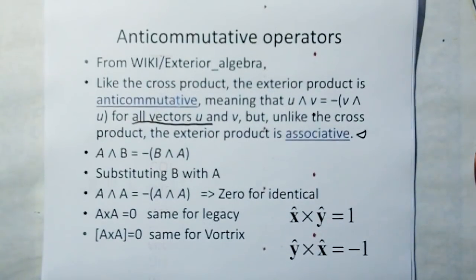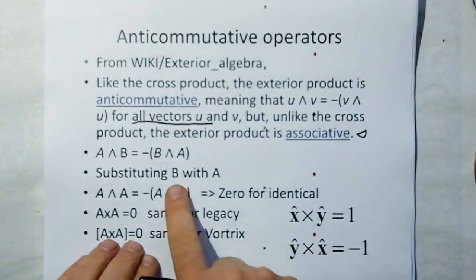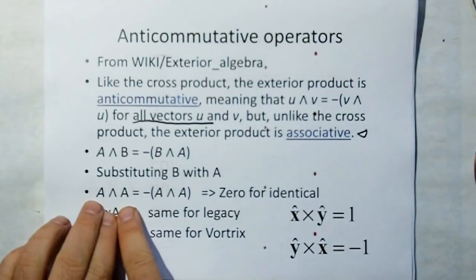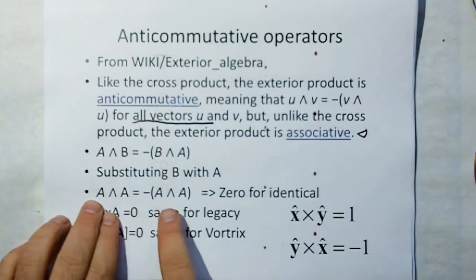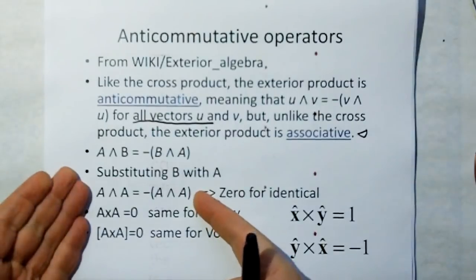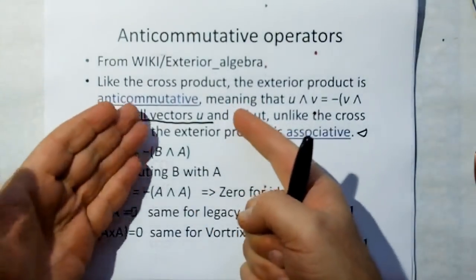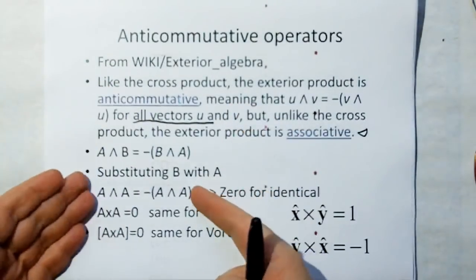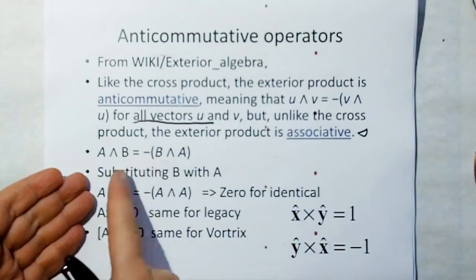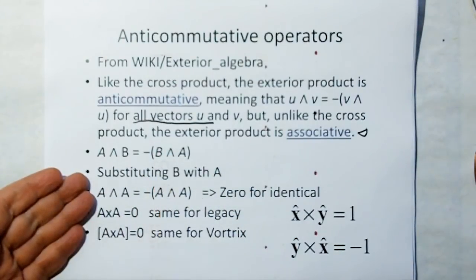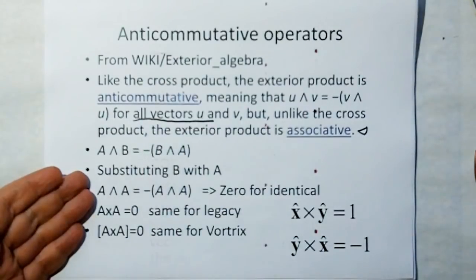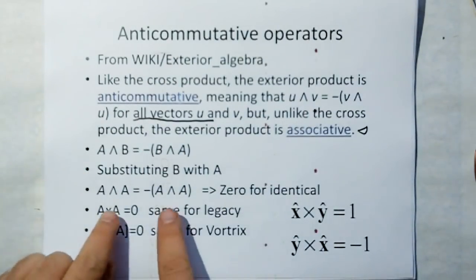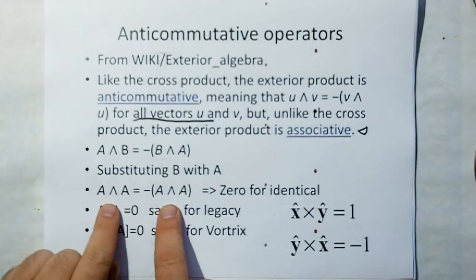But what happens if I substitute b with a, so that we have the exterior product of a with a equal to the negative of itself? Now this says for all vectors, so I should be able to substitute b with a in this equation. All vectors. So the only solution to the exterior product of like structures is 0.